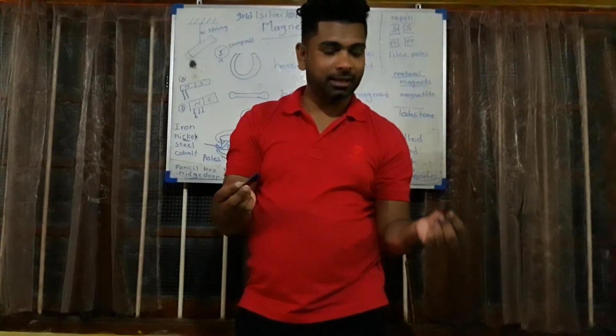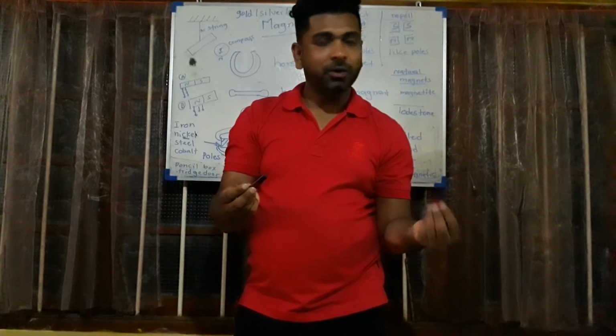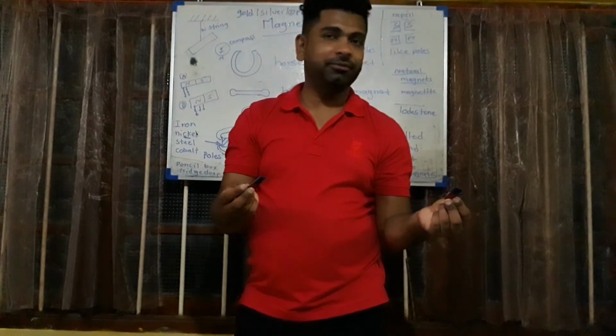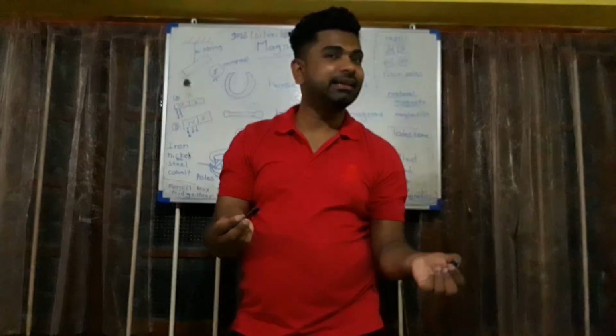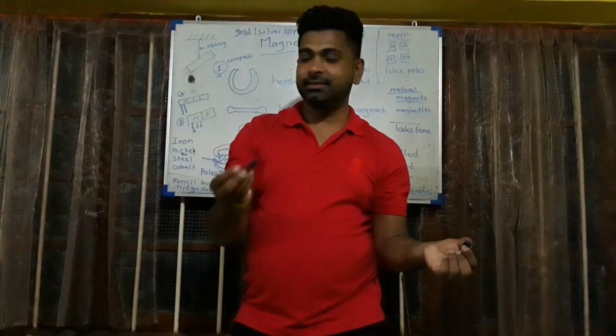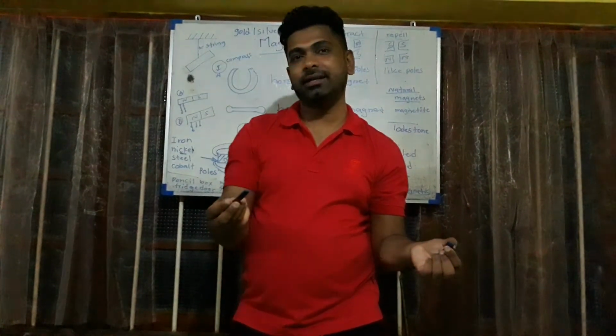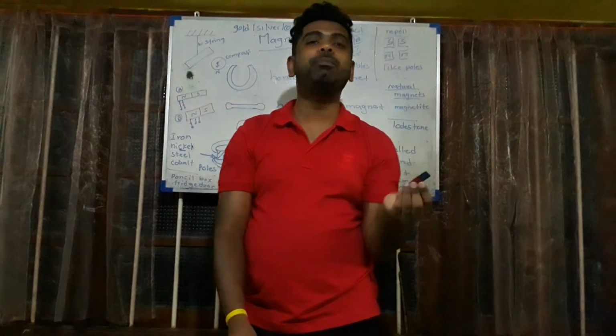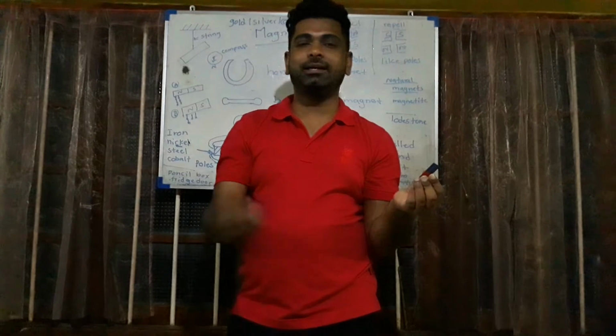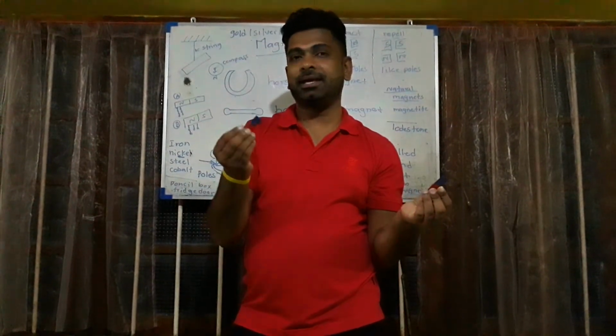How many nails got attracted to this magnet? If we consider this magnet got attracted 10 iron nails, and this got attracted 5 iron nails, then this is the more powerful magnet if we compare it with the second magnet.